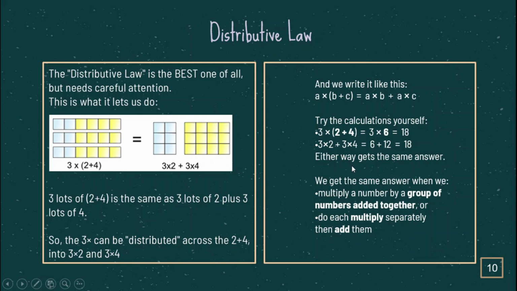Either way gets the same answer. We get the same answer when we multiply a number by a group of numbers added together or do each multiply separately then add them.